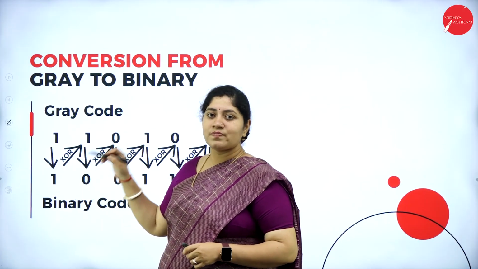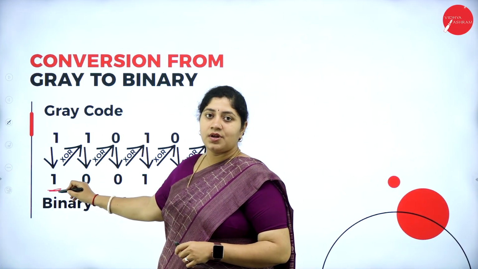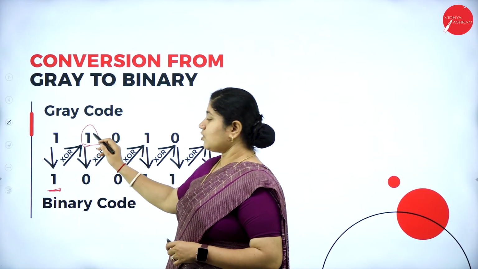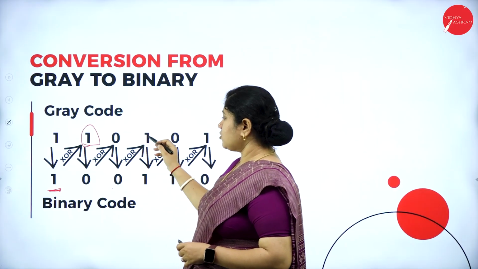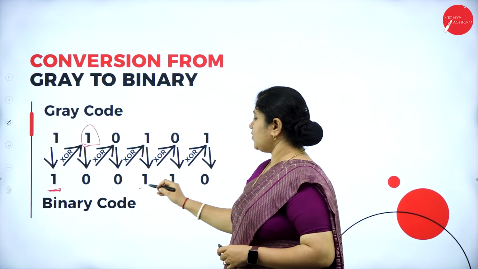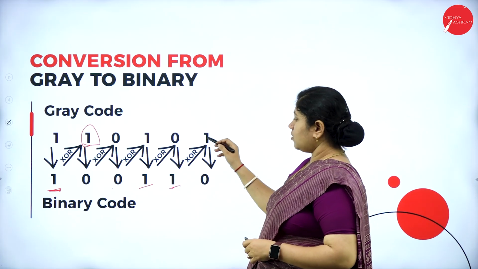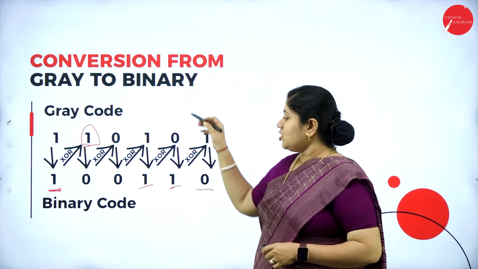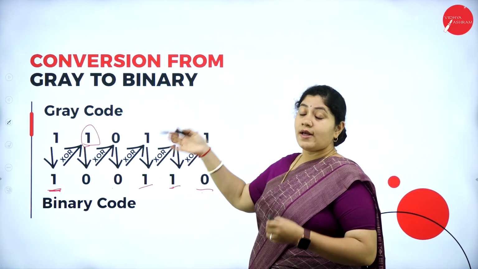We have to consider the previous answer XORed with the adjacent value. So 1 XOR 1, both are same, 0, 0 XOR 0, 0, 0 XOR 1, both are different, so we'll be getting 1, 1 XOR 0, both are different, so 1, 1 XOR 1, both are same, so we'll be getting a value 0. So this is how we'll be converting from gray code back to binary code.